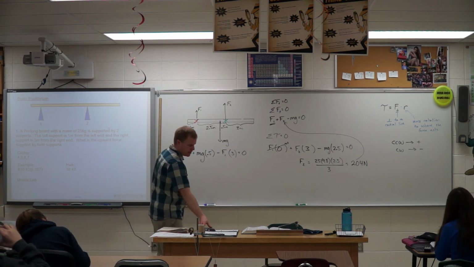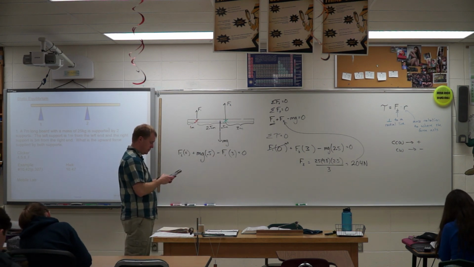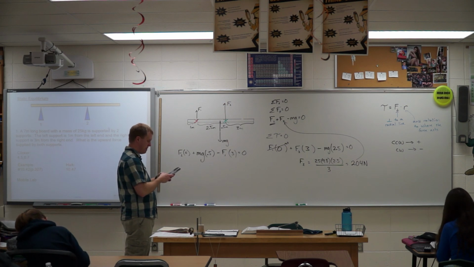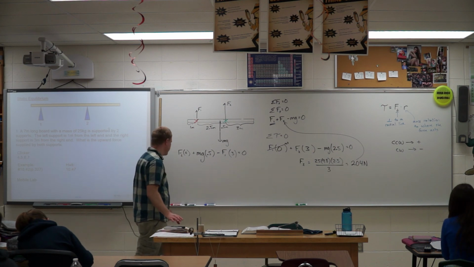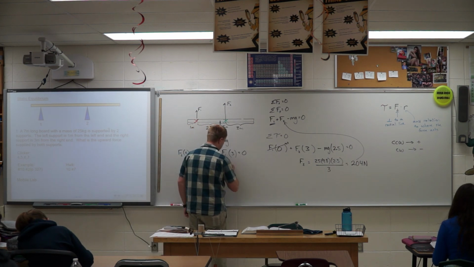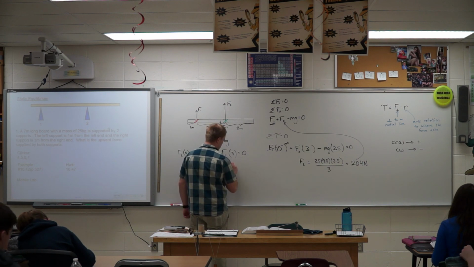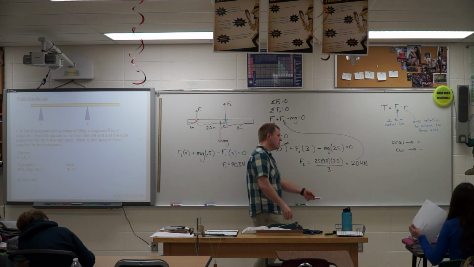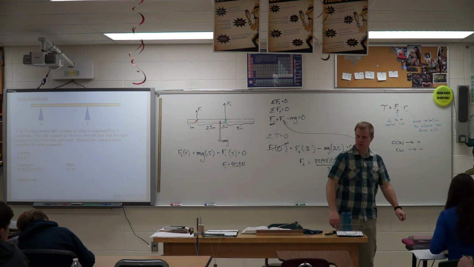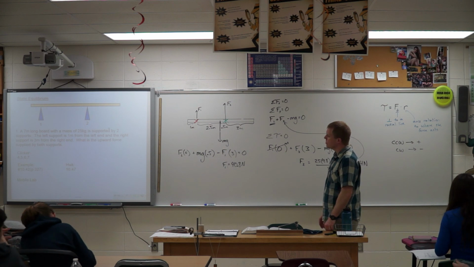I don't remember what this one comes out to. 40.8. And yes, F2 was a larger force, the one closer to the axis or closer to the center of mass.